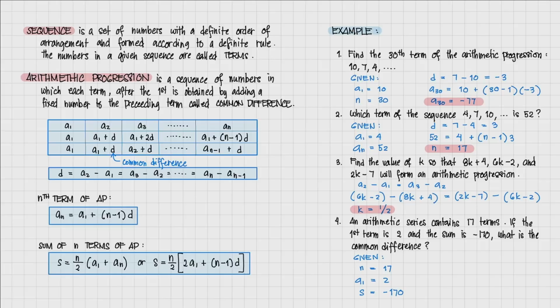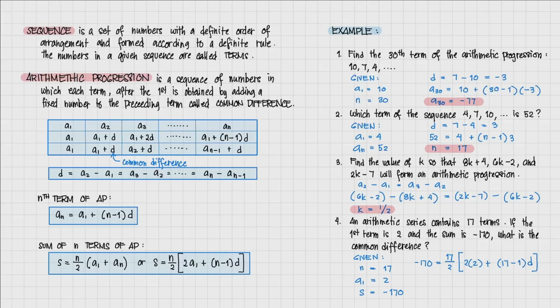S is negative 170, and that is equal to n over 2, which is 17 divided by 2, multiplied by 2 times A1, which is 2, plus n, which is 17, minus 1, times the common difference D.